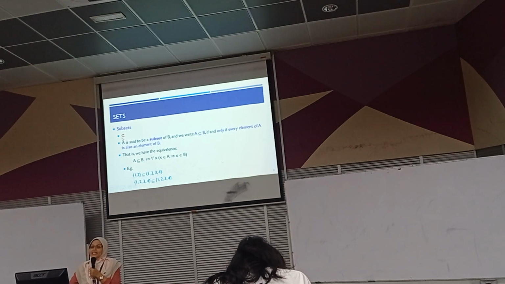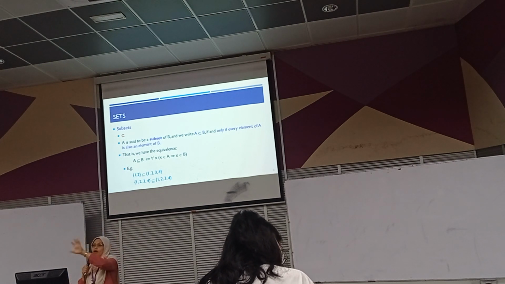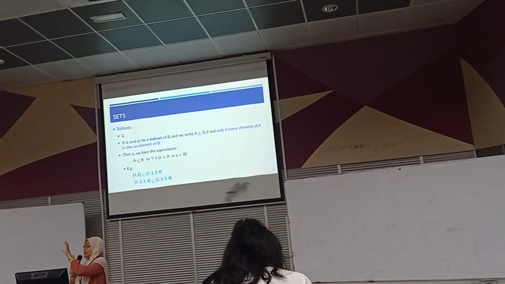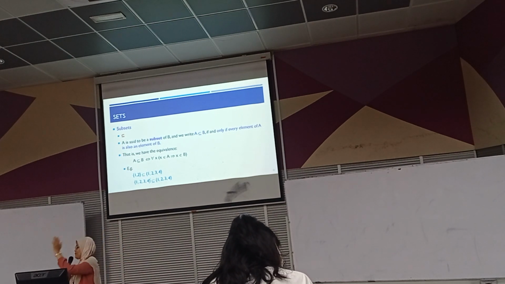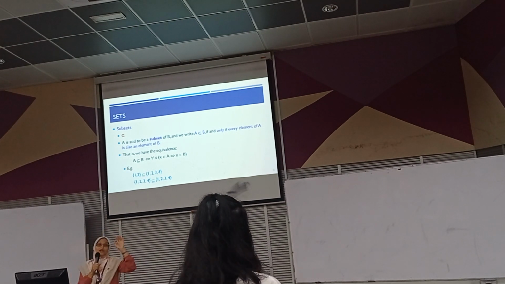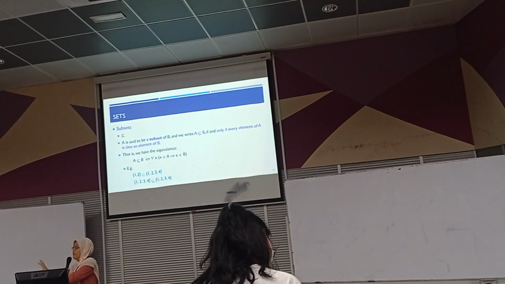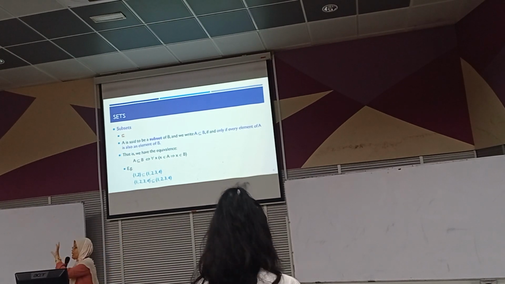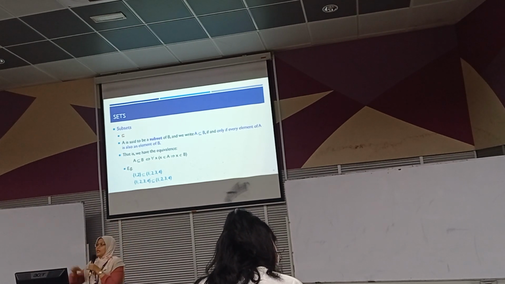If you have the line here, we call it a subset. Meaning that if you have two records of two databases, let's say customer 1 and customer 2. If customer 1 is a subset of customer 2, you can have, let's say, 5 records in customer 1 and 10 records in customer 2.